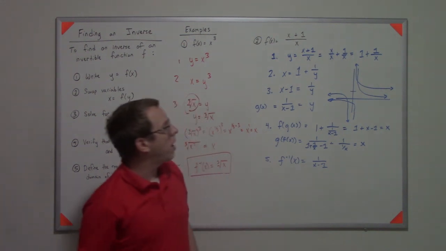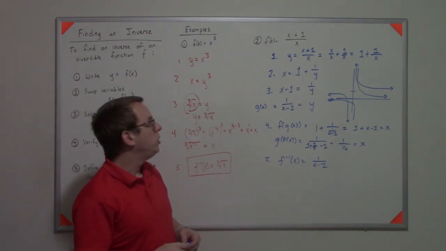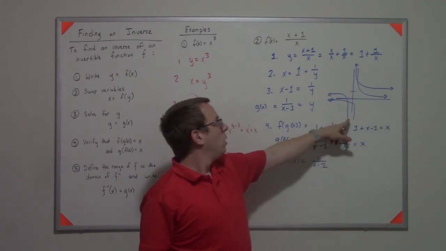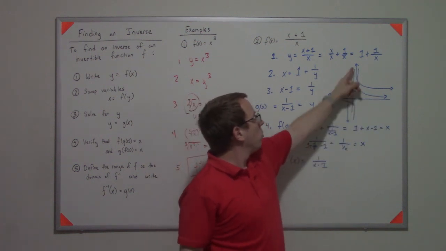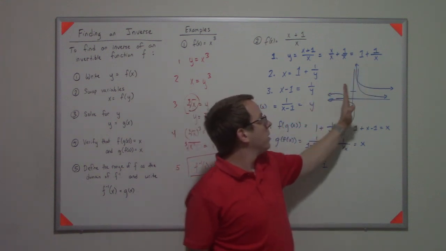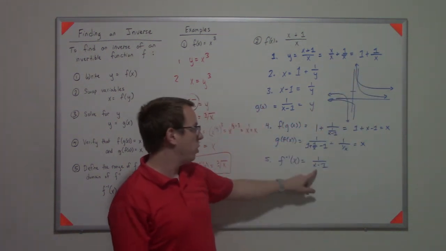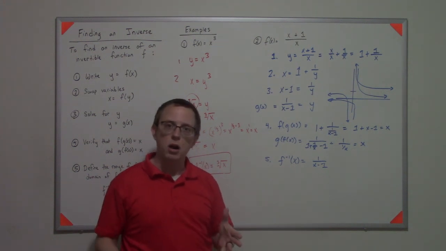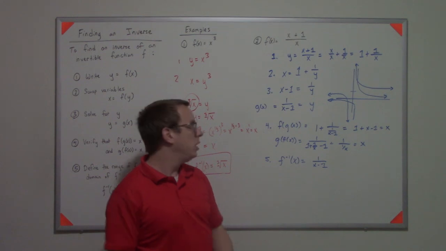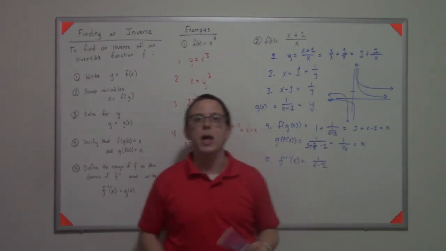It's not a perfect graph at all, but in this case, these both have asymptotes at 0, and normally the vertical asymptote is 0 for 1 over x, but this is shifted over, so it has a vertical asymptote at x equals 1. You have to be careful about your domains and ranges here, but ultimately it's really just watching out for where those vertical asymptotes are going to happen.